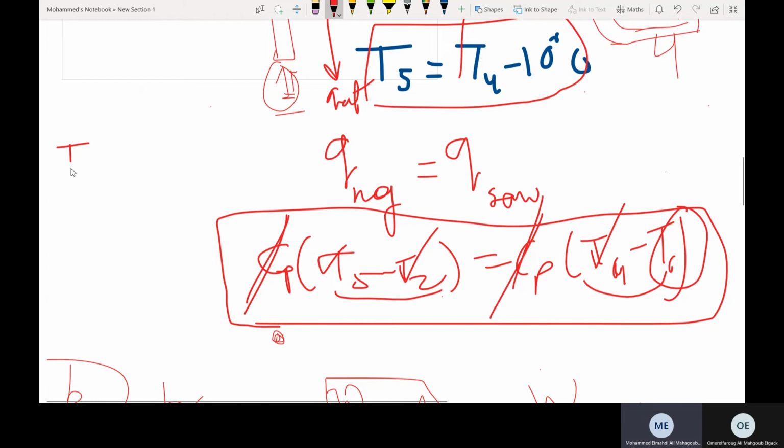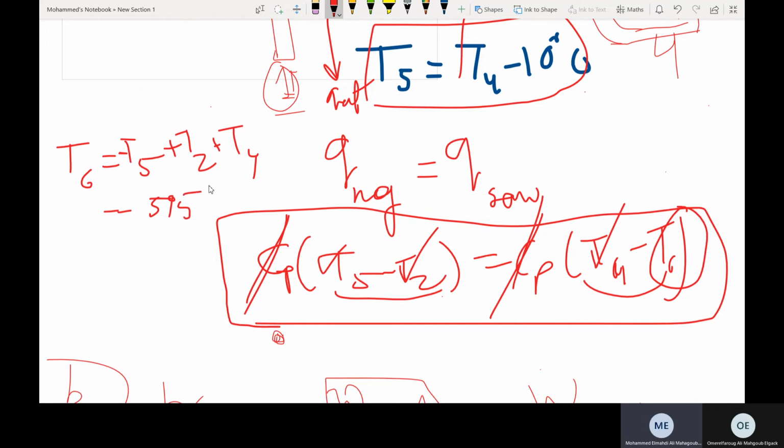So T5 minus T2 equals T4 minus T6. If you multiply by minus, you are going to get positive here, and here minus. So T6 equals T2 plus T4 minus T5.